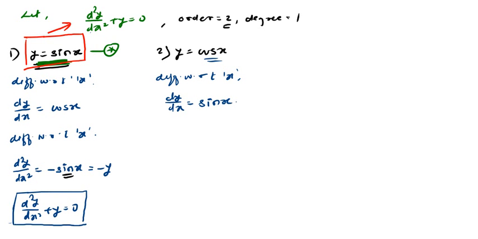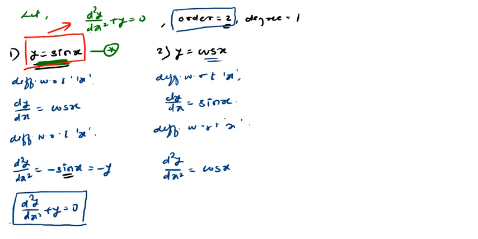And again differentiate with respect to x. Why am I differentiating 2 times? Because the order of this differential equation is 2. So what will we get? d2y by dx square is equal to the derivative of minus sin x.